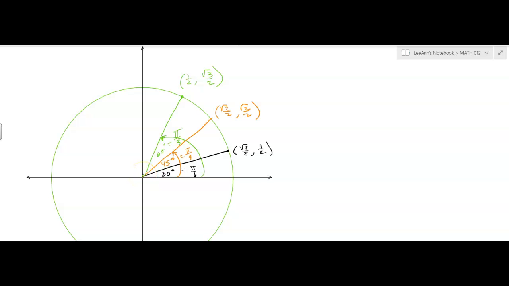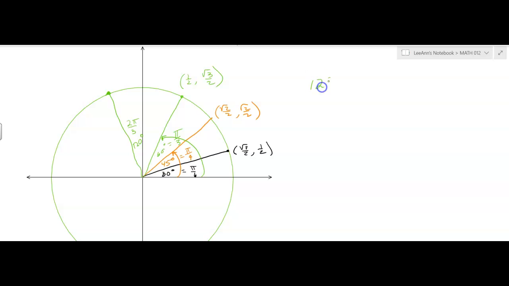So the next special angle, right here, is 120 degrees. The reference angle is 60, okay? 120 degrees is, let's see, 2 pi over 3. But now it has a reference.